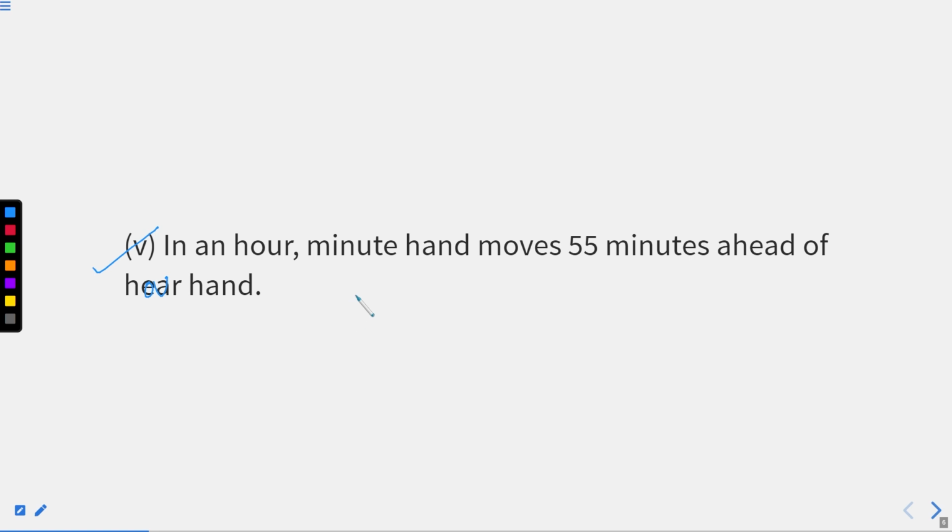Because we know that in 1 hour, the minute hand moves a distance of 360 degrees. It means a complete 60 minutes, right? And the hour hand covers a distance of 30 degrees. It means 5 minutes. So the difference between them is 55 minutes.